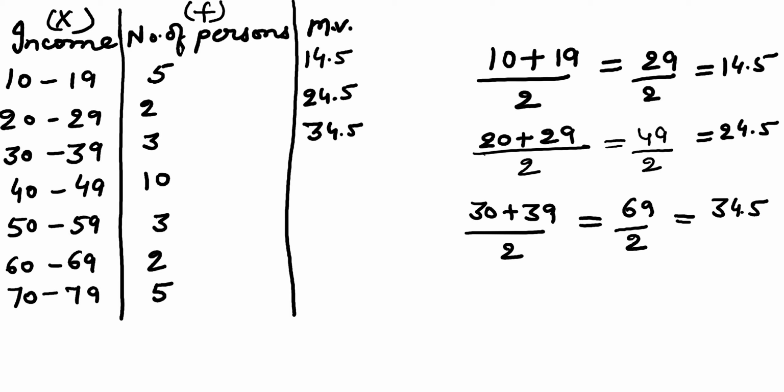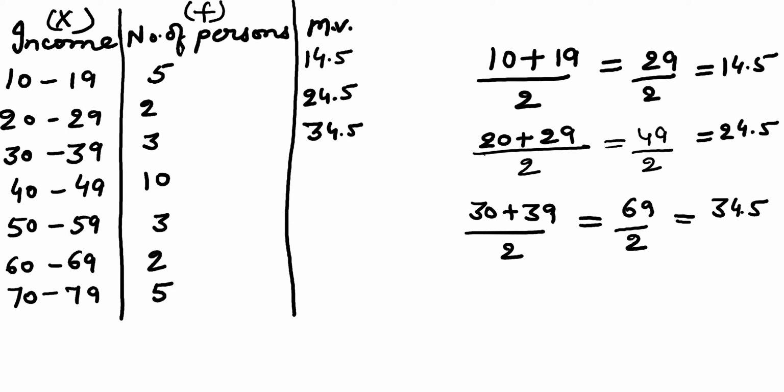You can clearly see that there is a gap of 10 between 14.5 and 24.5, and again a gap of 10 between 24.5 and 34.5. So whatever the gap is between the class intervals, there will be the same gap between different mid values.